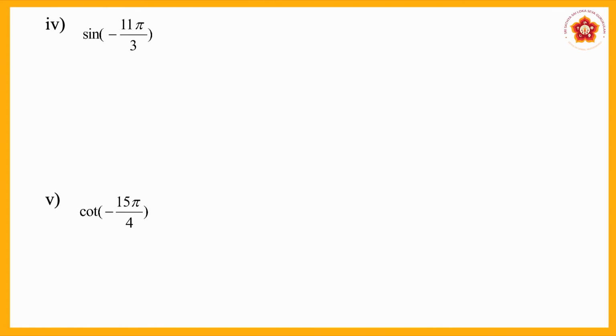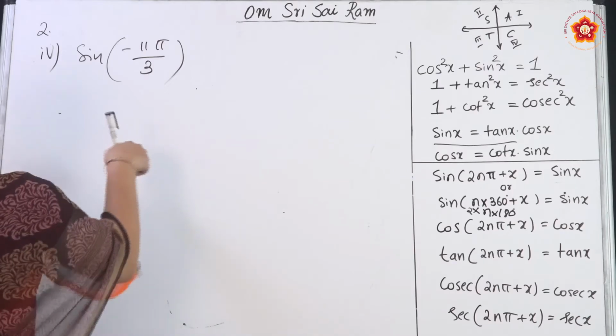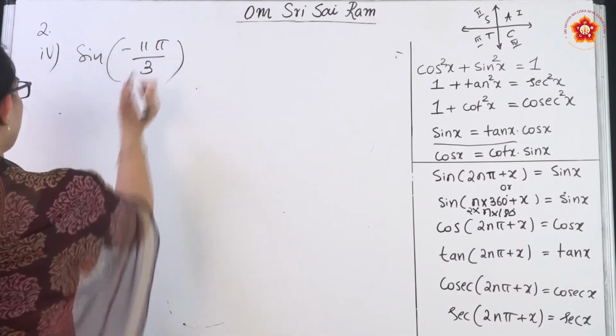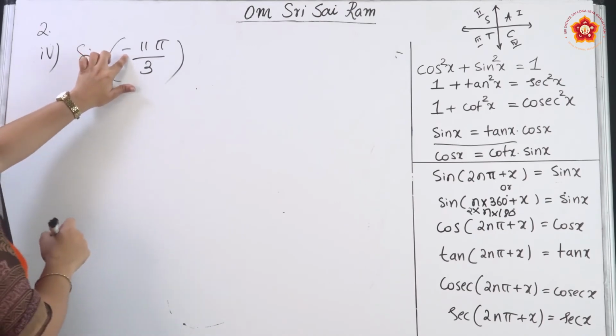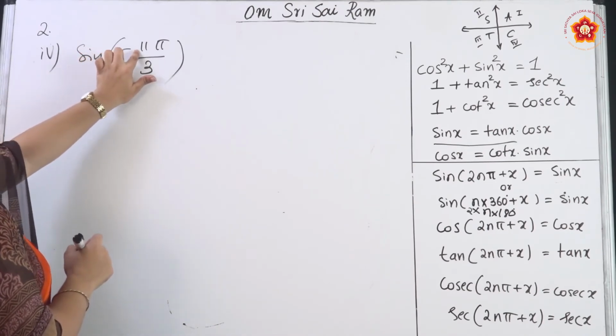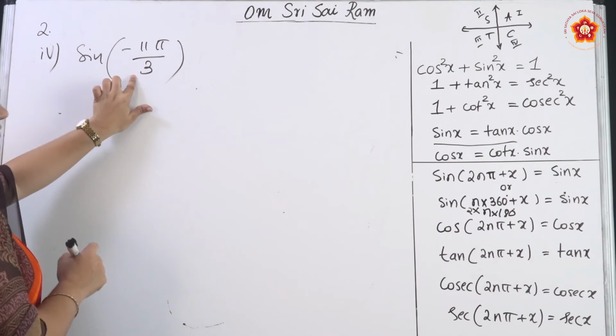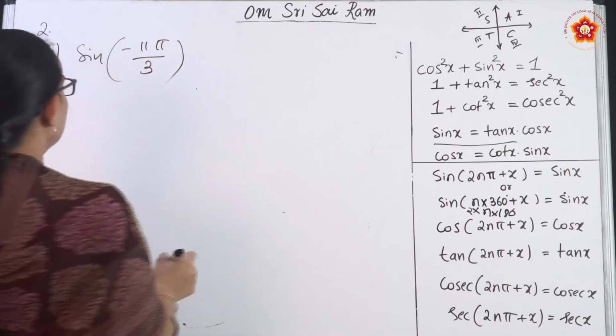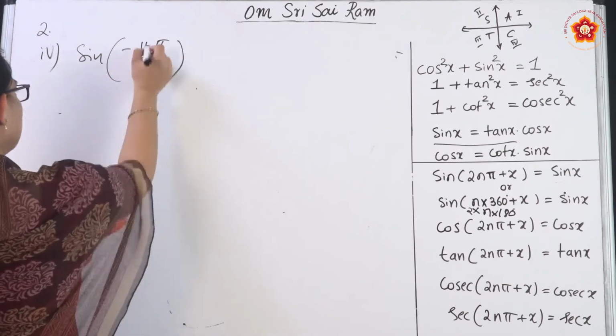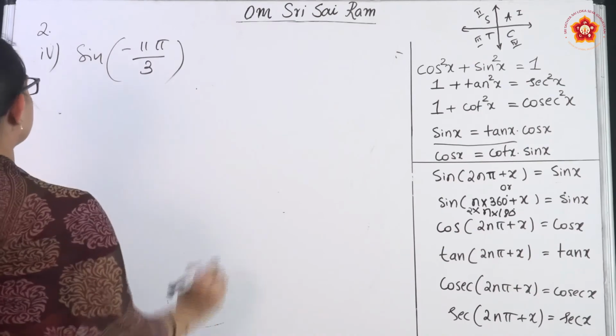Sin of minus 11 pi by 3. So what we have to do? Similar to the previous problem, we have to find a number which is closer to 11 and must be divisible by 3. So we have 12, right? 12 is closer to 11 and it is divisible by 3.